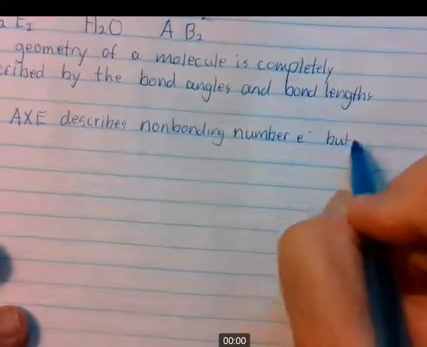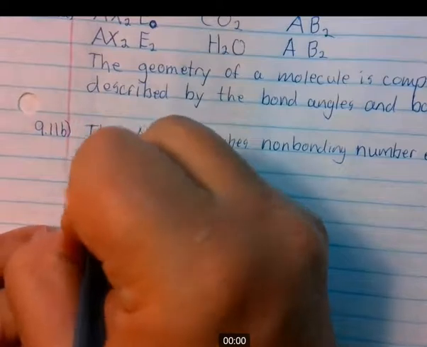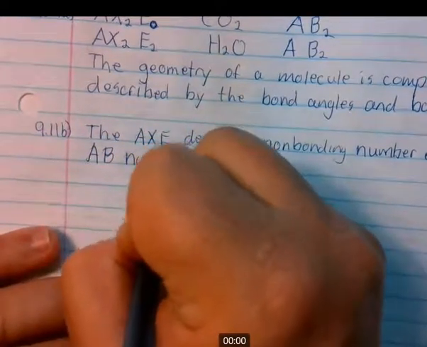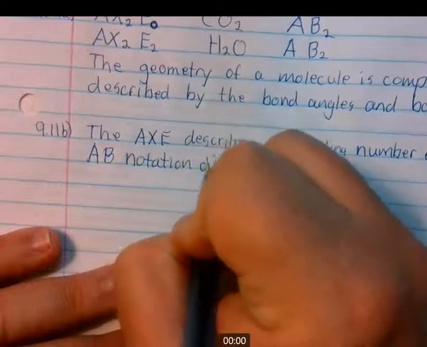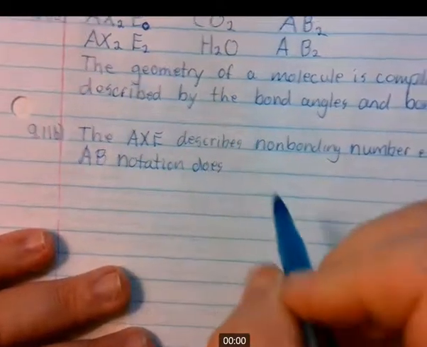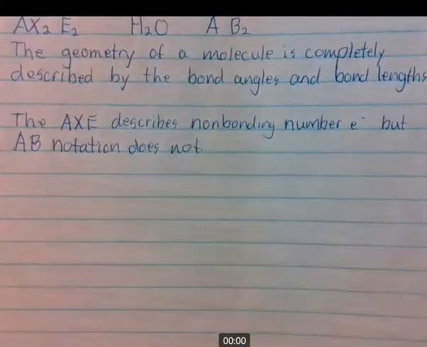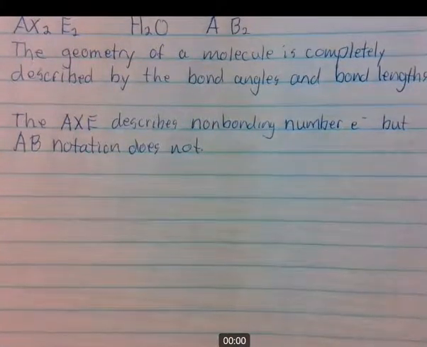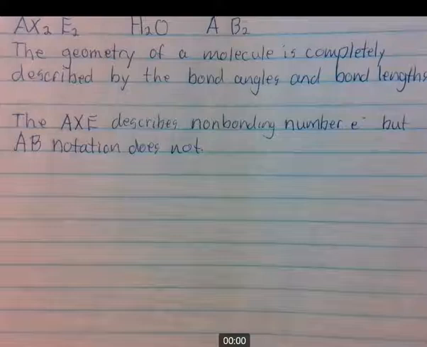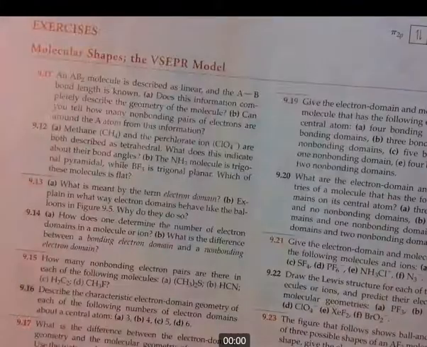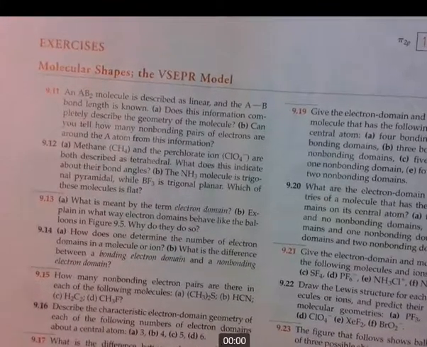But the AB notation, and excuse me if I'm off screen temporarily, does not. Okay, so that's it. The AX notation describes the number of non-bonding electrons, but the AB notation does not. Okay, and we're going to move on now to question 9.12. So let's read that one.